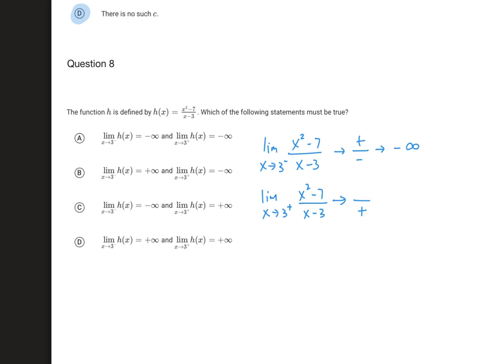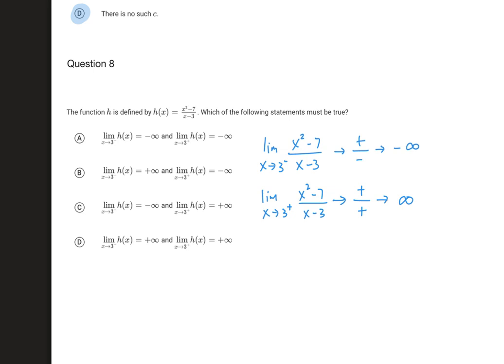And then the top is going to be positive for the same reason it was in the other one, because you're plugging in values close to 3, and that's going to be somewhere close to 2 for the numerator, but still positive. Positive divided by positive is a positive, so that's going to be positive infinity.